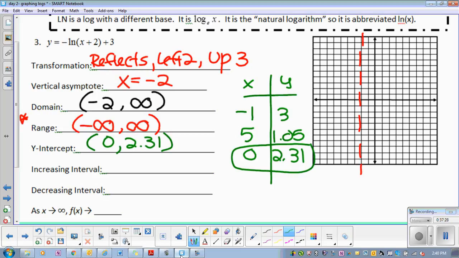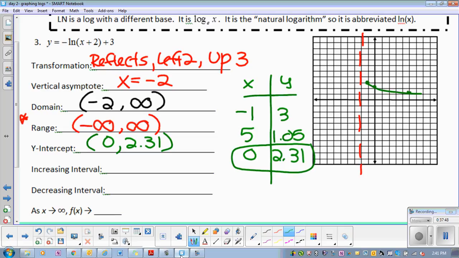See, negative 1, 3. (0, 2.31), right there. And (5, 1.05). Yeah?